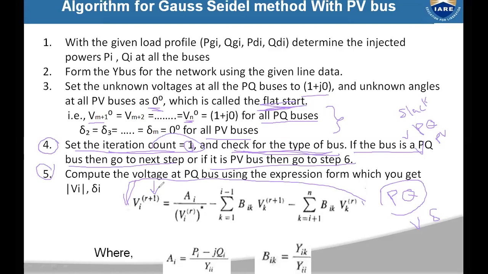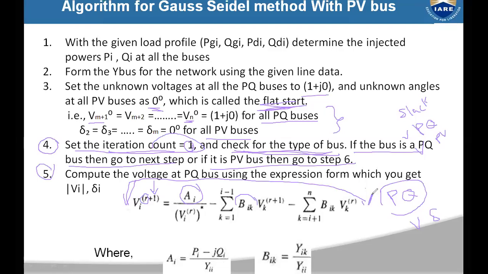If r is equal to 0, then Vi in the first iteration you will get like this. Here Ai is (Pi minus jQi) by Yii, and Bik is Yik by Yii. This was derived in the previous class as well, how you got this equation.